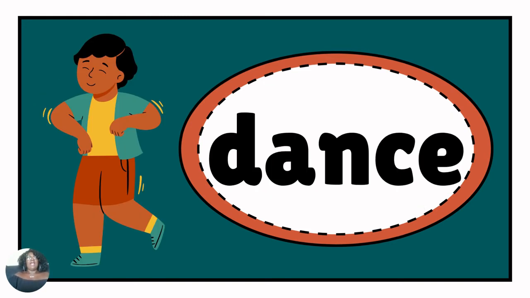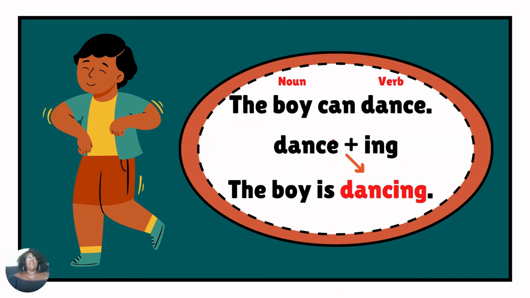Dance. Again, pronunciation, dance. Our sentence: the boy can dance. Boy is the noun, dance is the verb. Dance describes what the boy can do. Dance plus ing becomes dancing.